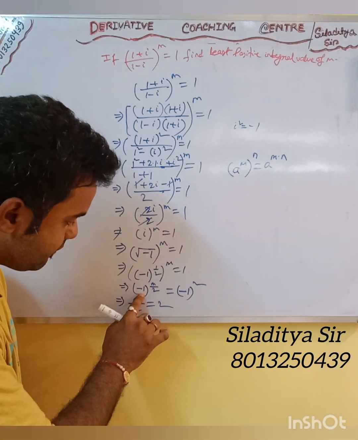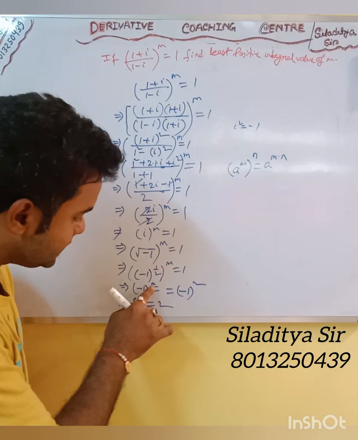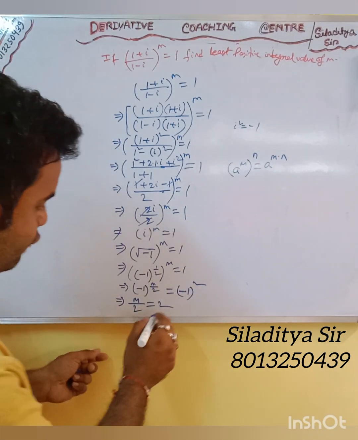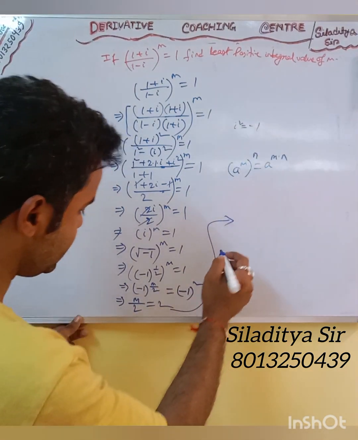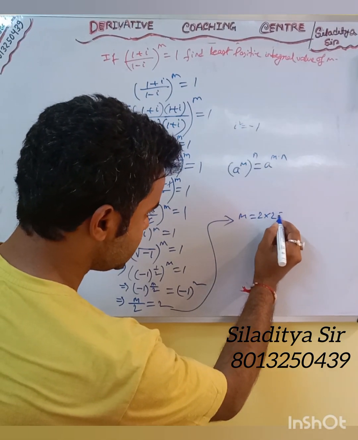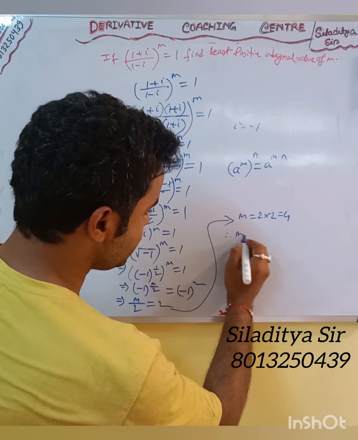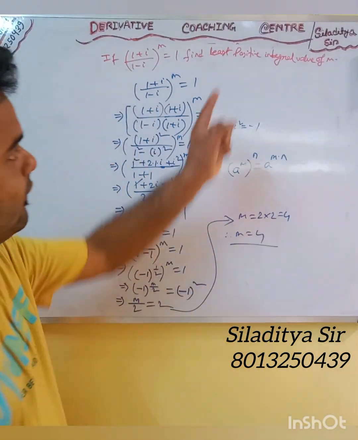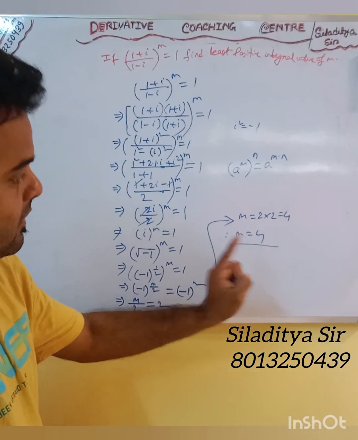As the bases are the same, minus 1 and minus 1, we can say that m by 2 equals 4. So from that we can write m equal to 2 into 4, that is 8. So the least positive integral value of m is here 4.